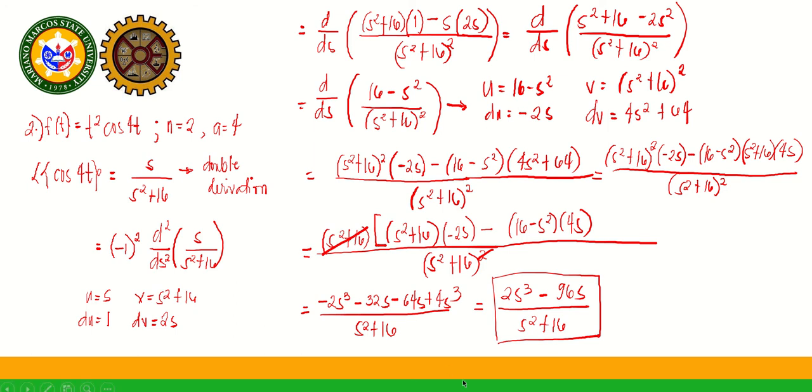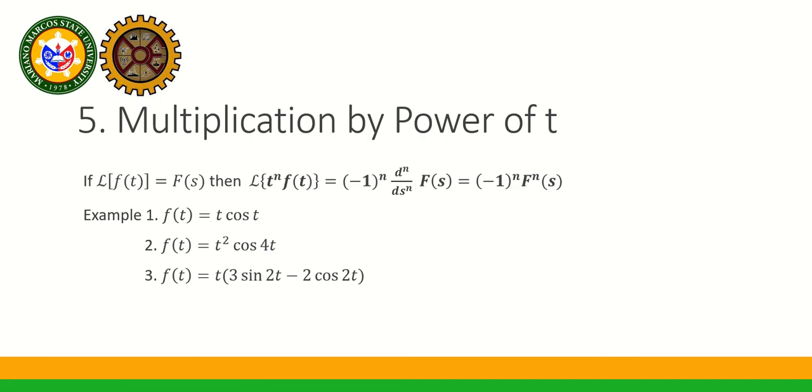So meron pa tayong last example for this property. Ito, f of t is equal to t times 3 sine 2t minus 2 cosine 2t. So let's try example number 3. That is f of t is equal to t times 3 sine 2t minus 2 cosine 2t.